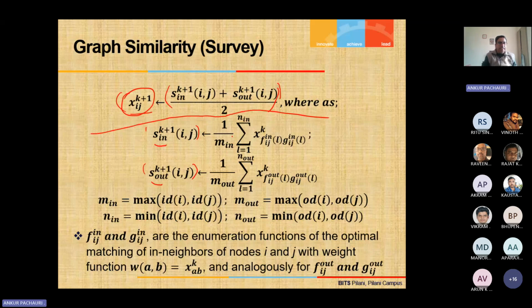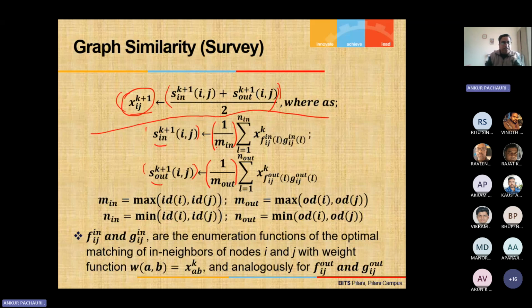This is the normalizing factor, M in, which depends upon the current connectivity of the graph. Clear? So S k in is 1 over something, S k out is 1 over something.